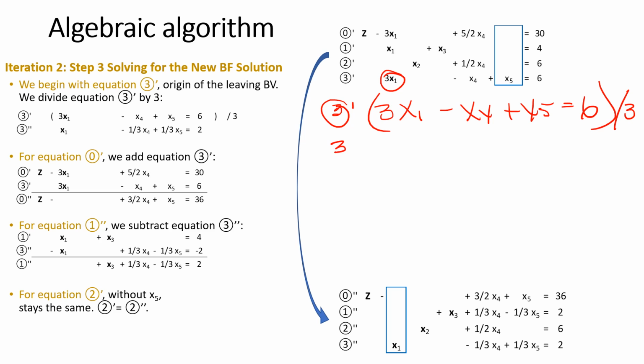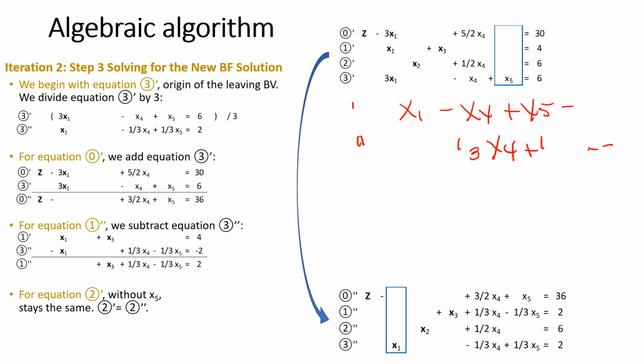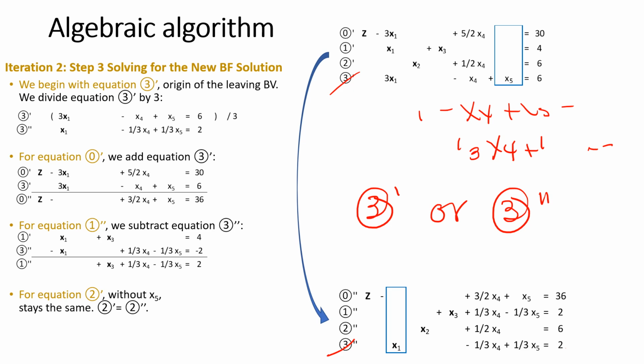So our new 3 double apostrophe is going to be x1 minus 1/3 of x4 plus 1/3 of x5 equal 2. And this is the equation that we got here at the bottom. Now we can work the other ones, but remember, in order to solve them, we got to use either equation 3 apostrophe or 3 double apostrophe.